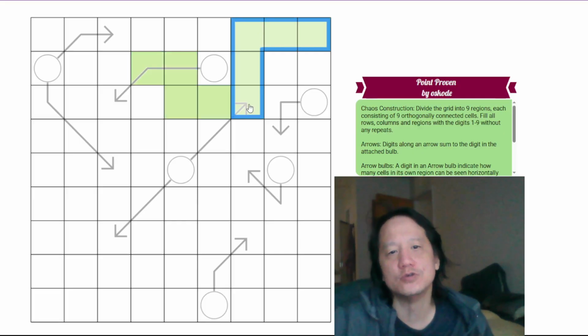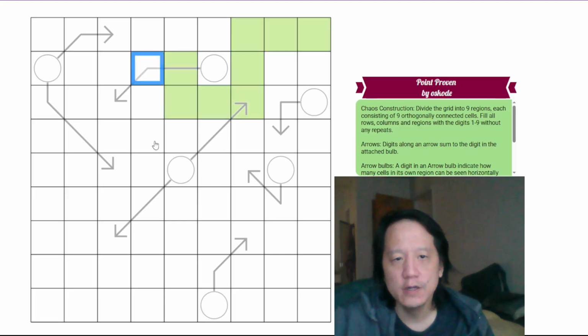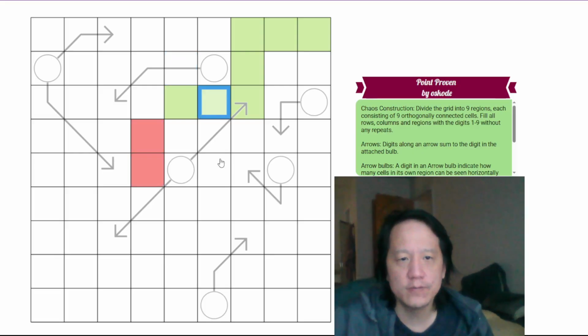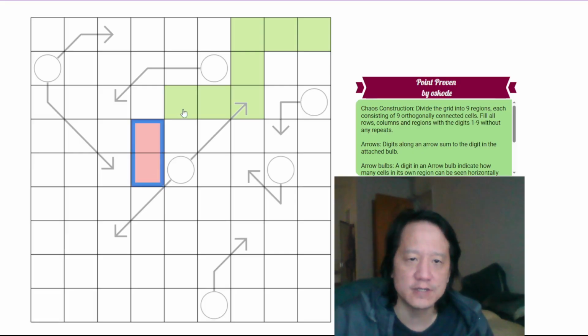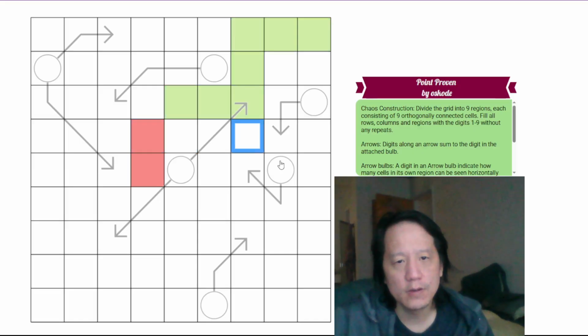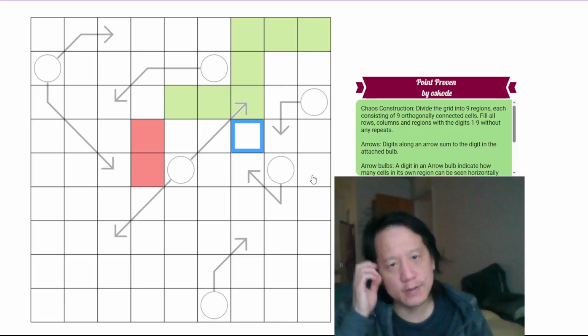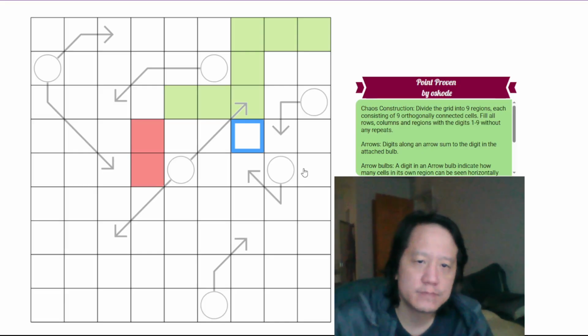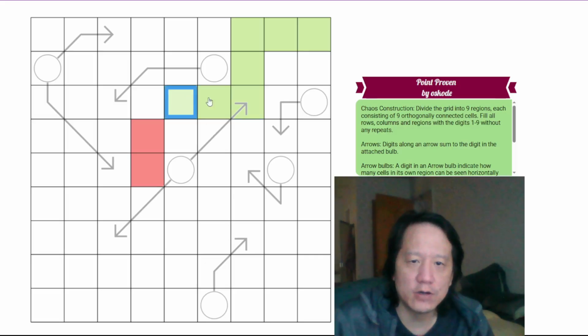This is not valid as a region, and this would not be valid either, because to get from one of these cells to any of these cells, you have to either go through a corner or go outside of the region. So that's how chaos construction rule sets work.